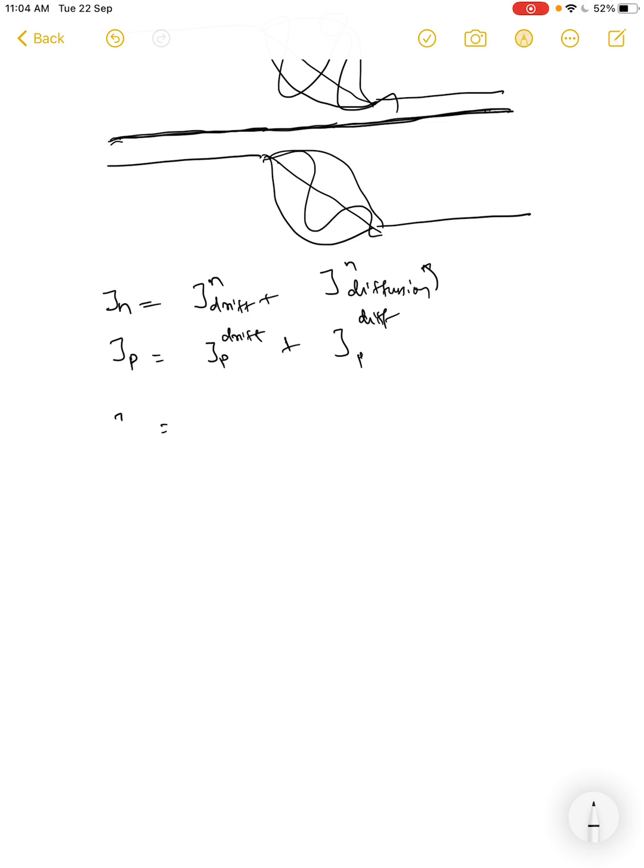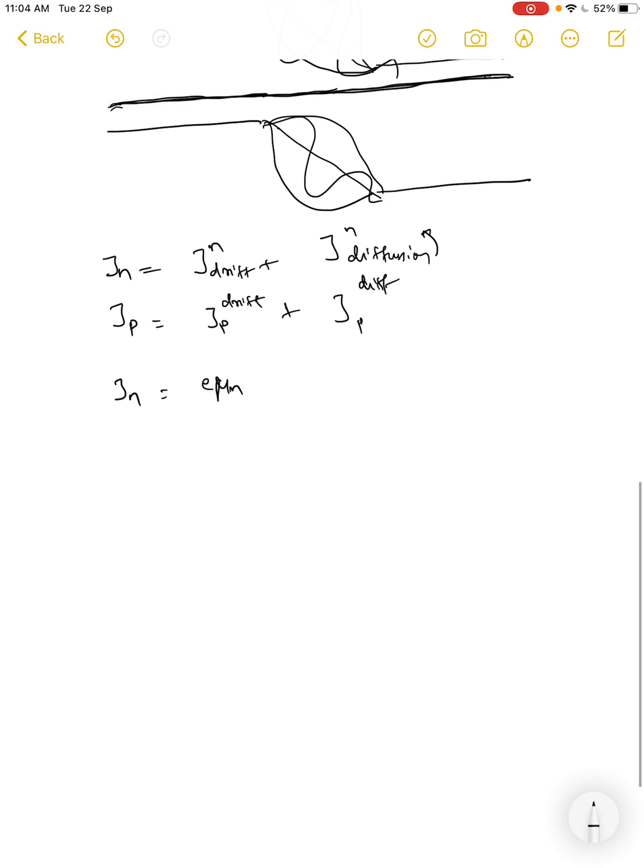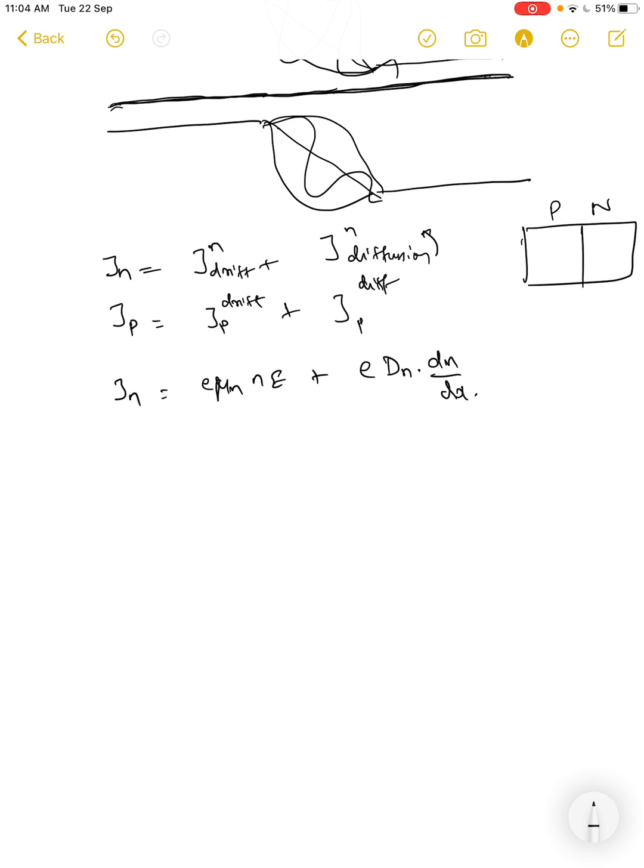The drift component is e mu n into E, right? The diffusion component is e D dn by dx, right?